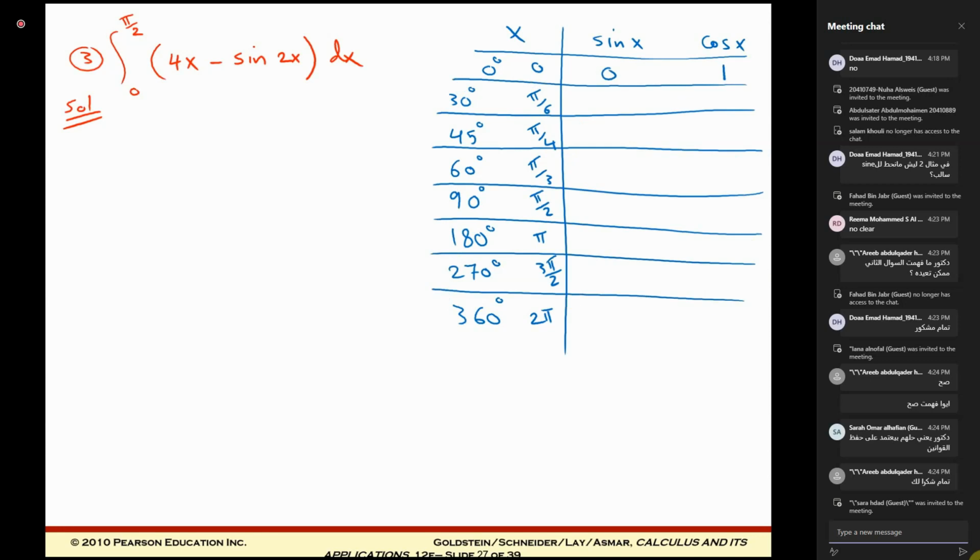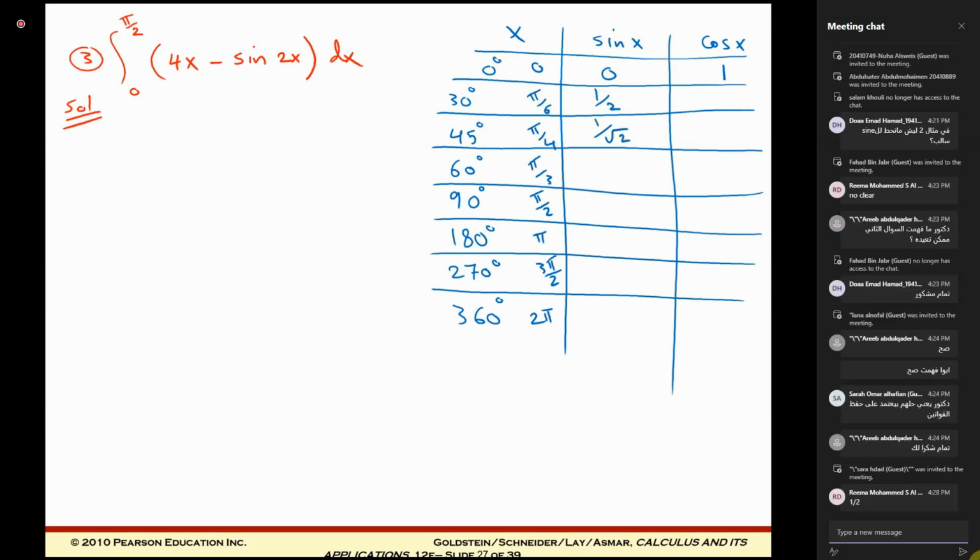Also you can use the calculator to compute these angles, sine and cosine. At 30 degrees, sine is half; at 45, it is 1 over radical 2 or radical 2 over 2; at 60, it is radical 3 over 2; and at 90, it is 1.